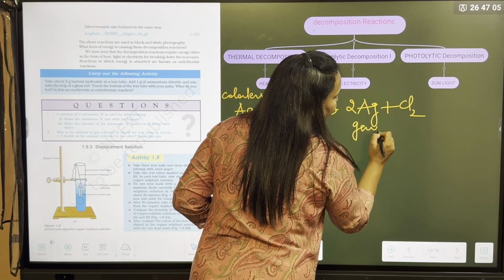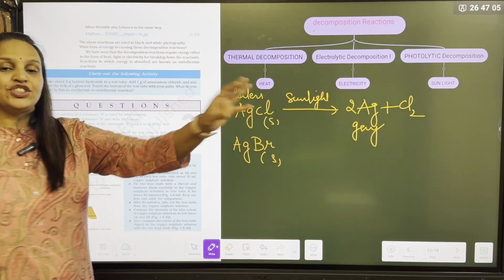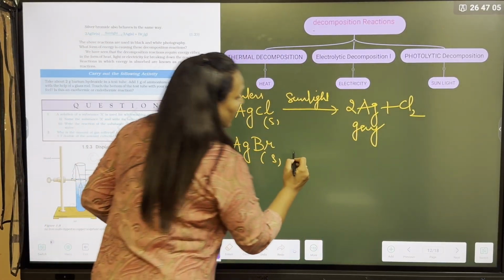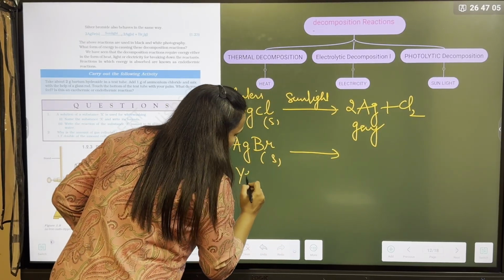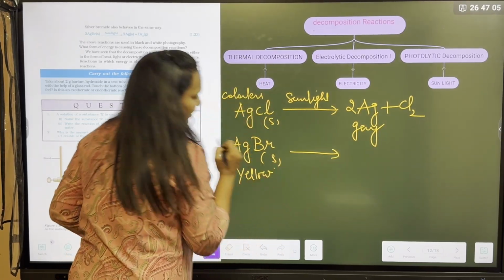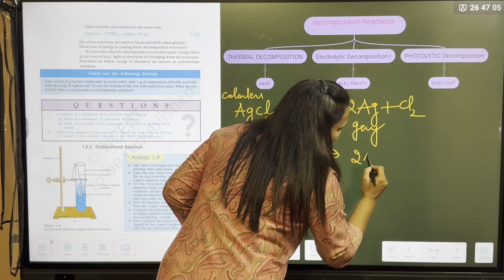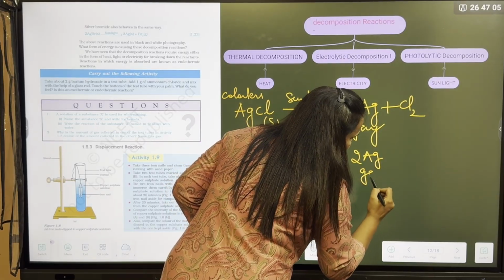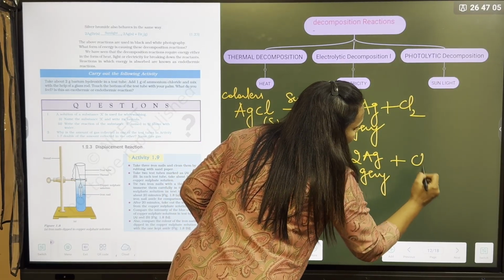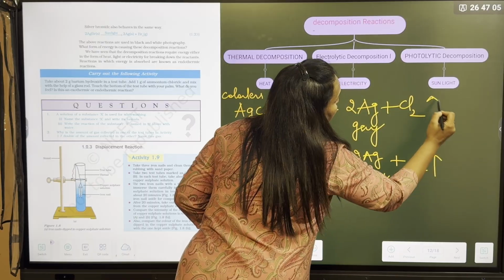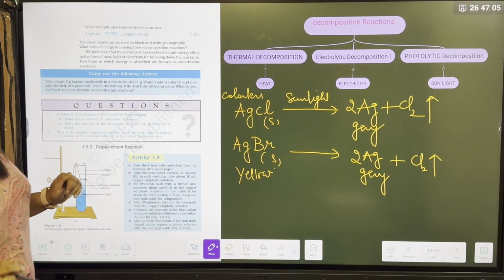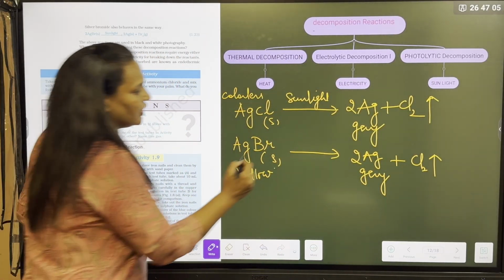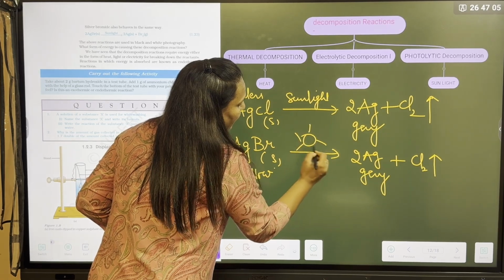So there is a change in color, which means a reaction is taking place. Here AgBr, silver bromide, is yellow in color. Again it will turn gray in color and chlorine gas will come out. So these reactions are called photolytic decomposition reactions.